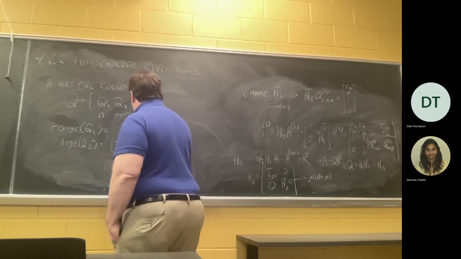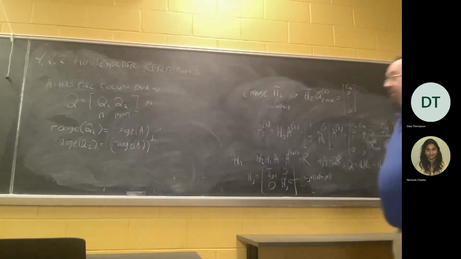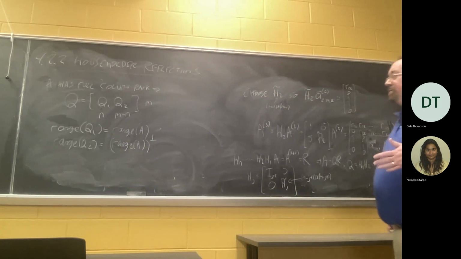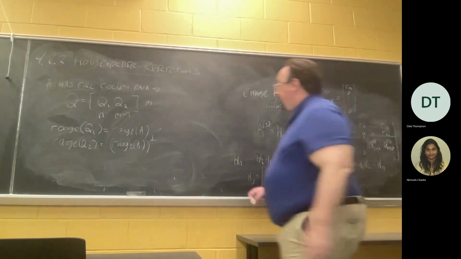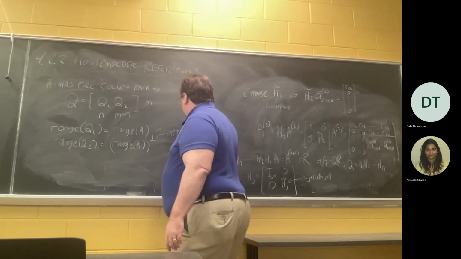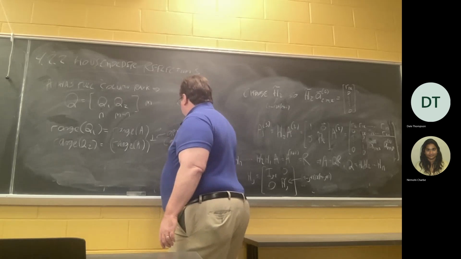That's an orthonormal basis for the orthogonal complement of the range of A, which makes sense because all the columns of Q2 are orthogonal to all the columns of Q1. So this perp symbol here is meant to denote orthogonal complements.